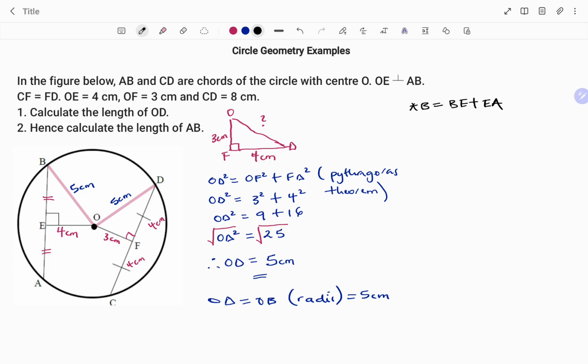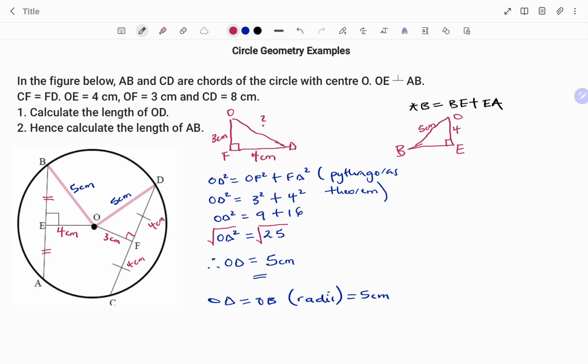To find BE, I'm going to draw that triangle. I have a right angle triangle as shown, such that if I have my right angle here, this is my B, this is the point E, and this is my O. I've been given OB, that's the hypotenuse, to be 5 centimeters.